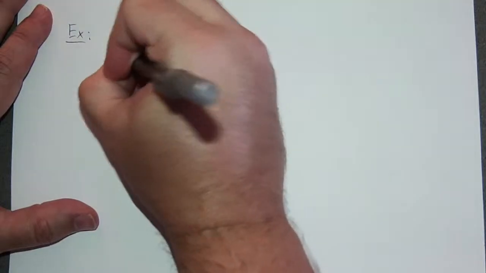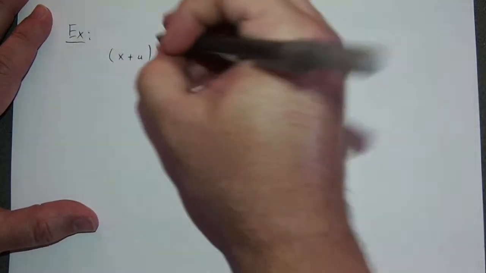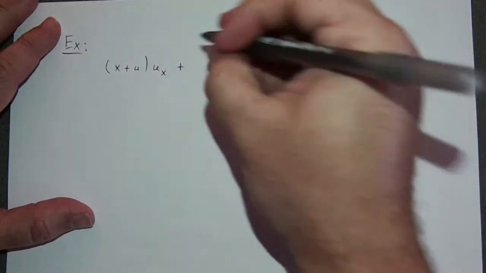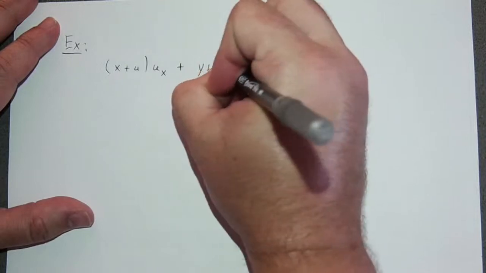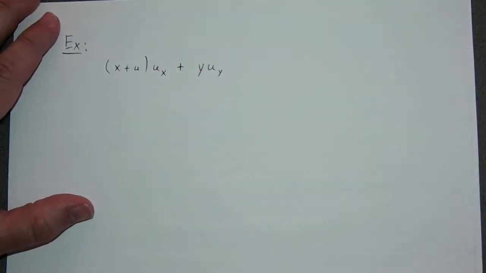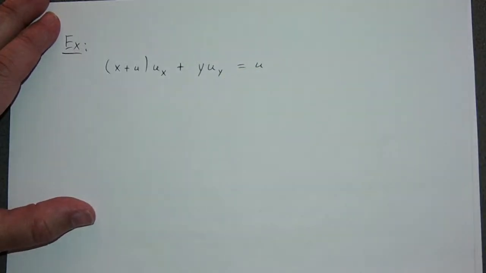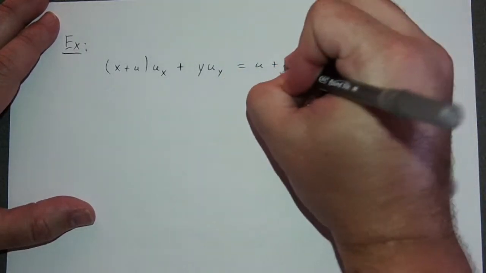Okay. All right, let's do another example. Let's consider the PDE that is x plus u times u sub x plus y times u sub y is equal to u plus y squared.